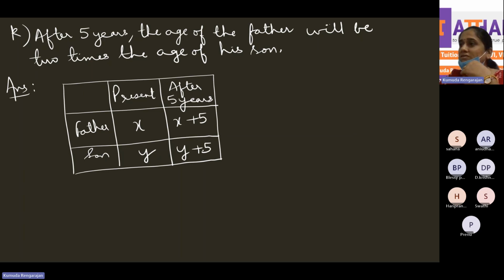Now go to the condition given in the question. After 5 years, so we are going to use only these two. We are not going to use X and Y because now we are not in the present, we are in the future, where the father's age is X plus 5 and the son's age is Y plus 5.